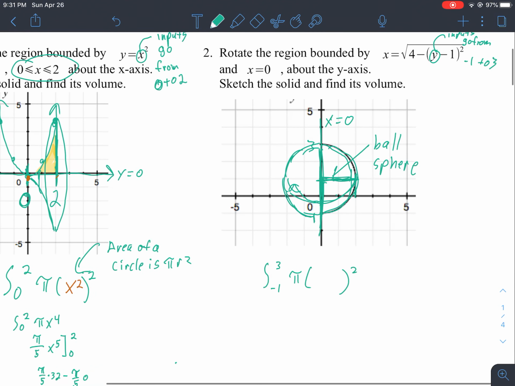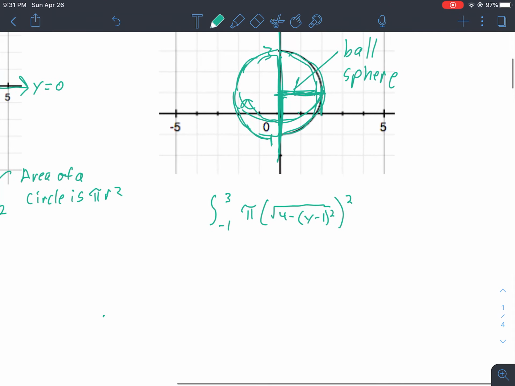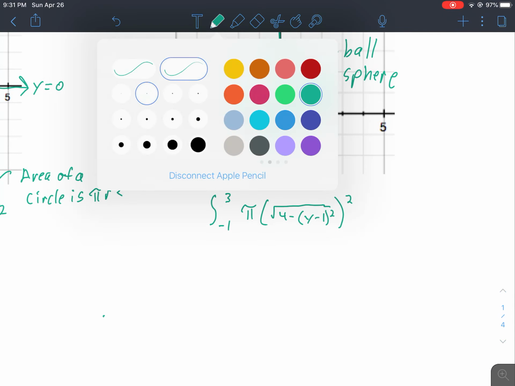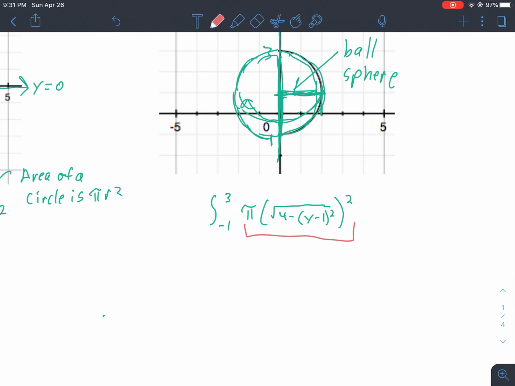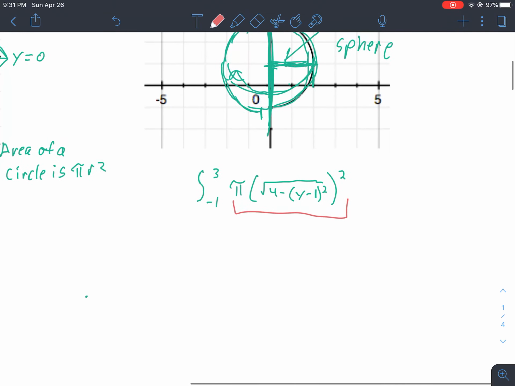So our formula, I might need a little more space, is the square root of 4 minus (y minus 1) squared, pi r squared. So this here represents the area, which is pi r squared.